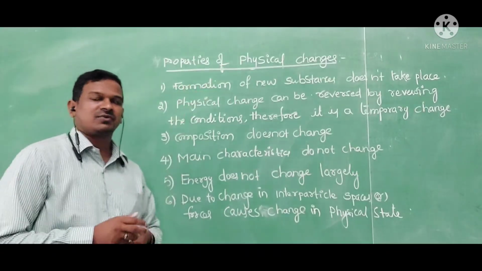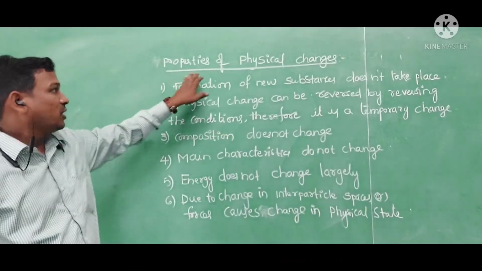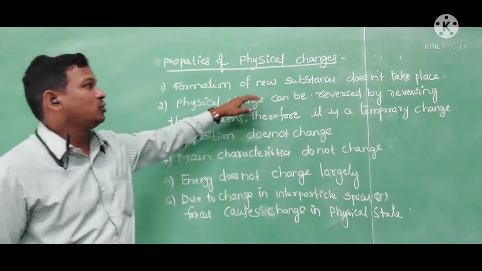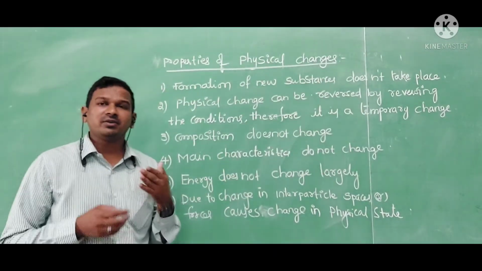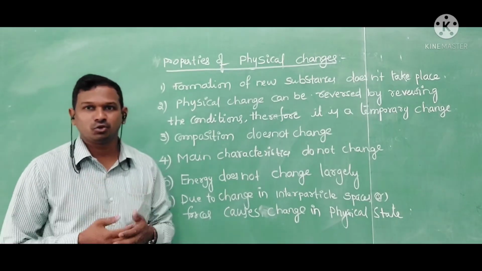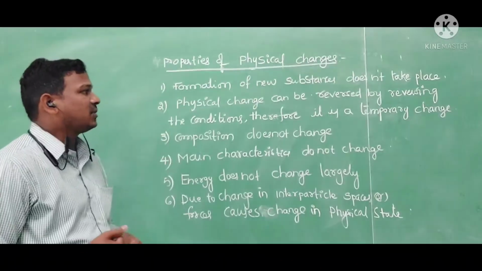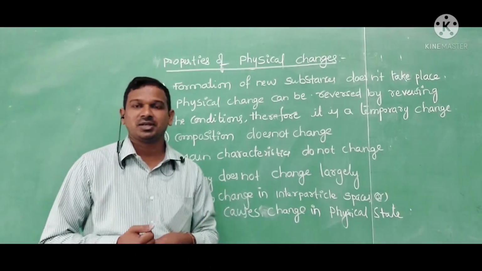Here, these are the properties of physical changes. So let's have a look. Formation of a new substance doesn't take place, as we discussed just now. In physical changes, there is no chance of formation of new substances. The second one is, a physical change can be reversed by reversing the conditions, therefore it is a temporary change.